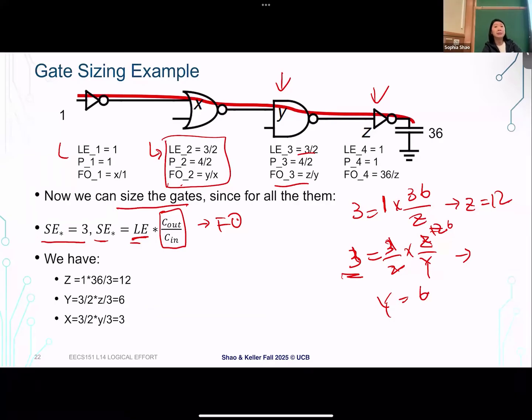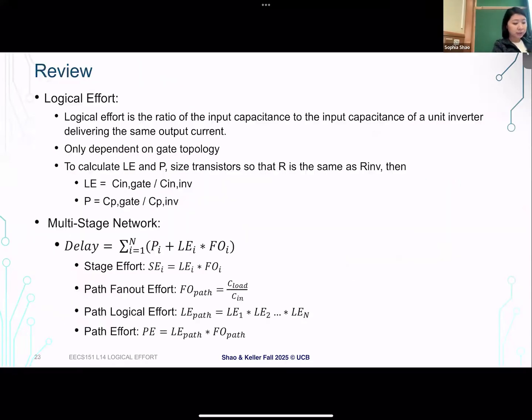So you see what we did through this process. We basically repeated what we did with the inverter chain, but now we have a little bit more powerful analysis, so we are not limited to inverter chains. We can do the same analysis for more complex RC circuits with more complex gates. Again, a quick review. We talked about the logical effort.